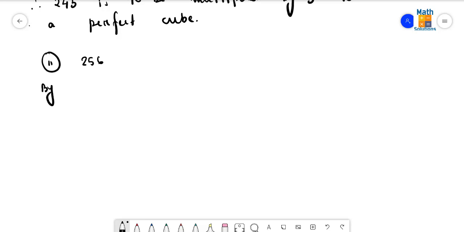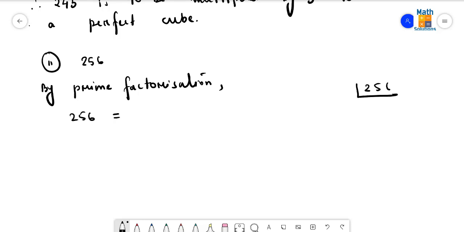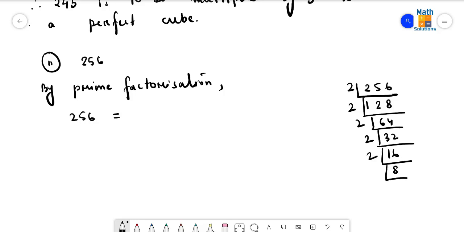So by prime factorization, 256 divided by 2 is 128, then 64, then again by 2 it is 32, then 16, then 8, then 4, then 2 2.